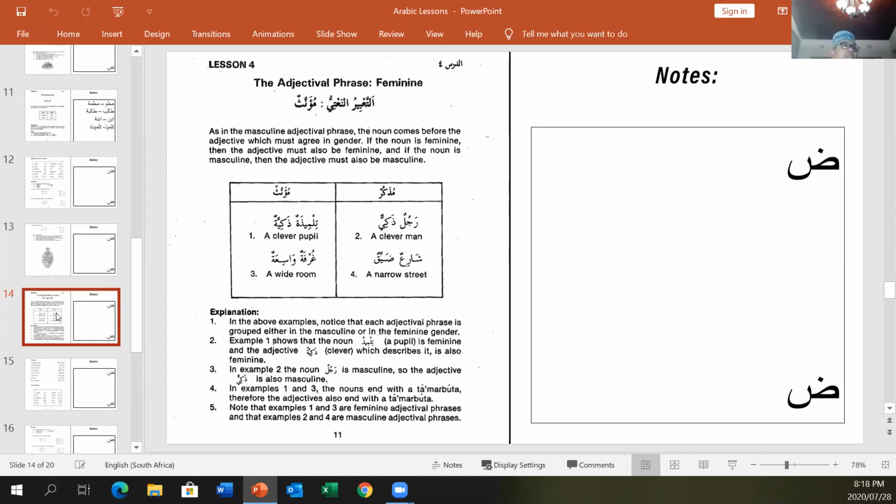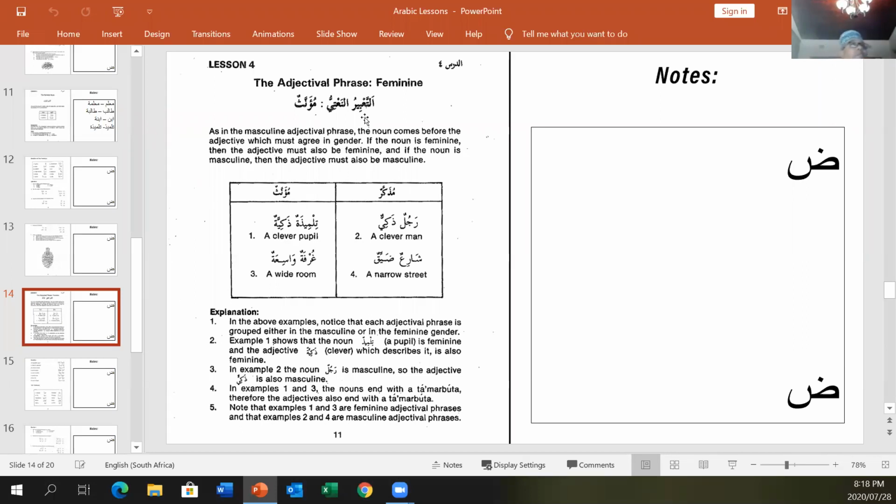Therefore you can see, for example, if you look in the column, item number 2, we say there rajulun dhakiyun. Can you see there, rajulun, that is a man, and dhakiyun also means clever. And because a man is masculine, you'll find that your adjective is also now masculine.